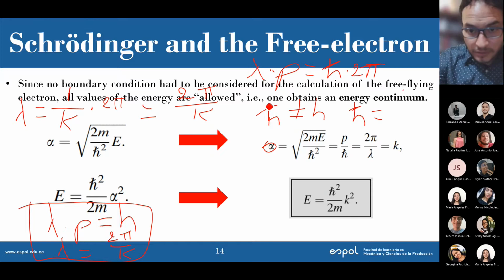Okay, therefore, this is the Planck's constant divided by 2 pi.